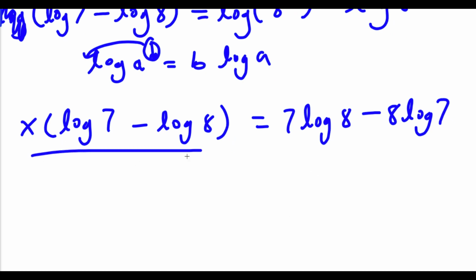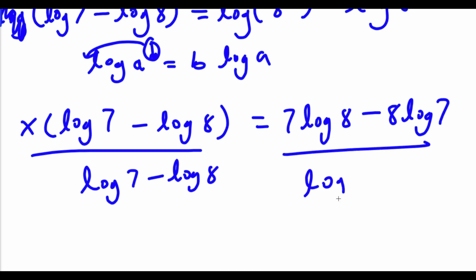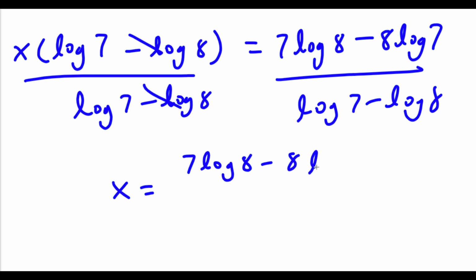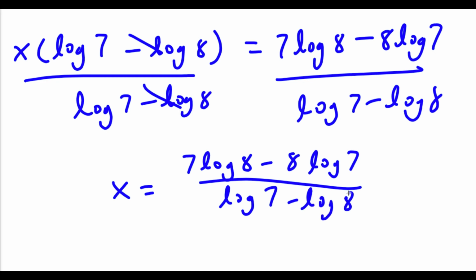Now I'm going to divide both sides by log 7 minus log 8. So then these two cancel out, and I would be left with x is equal to 7 times log 8 minus 8 times log 7 over log 7 minus log 8.